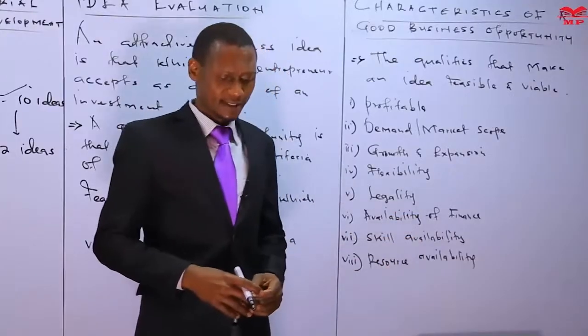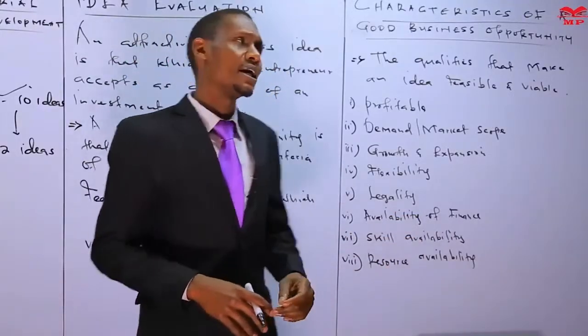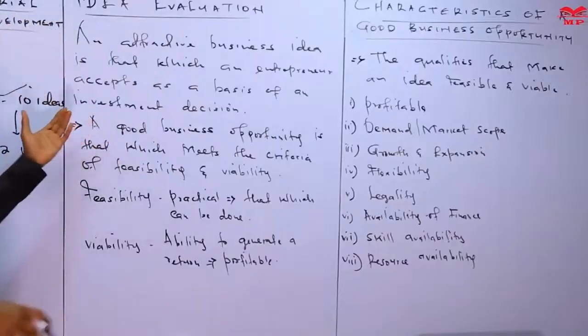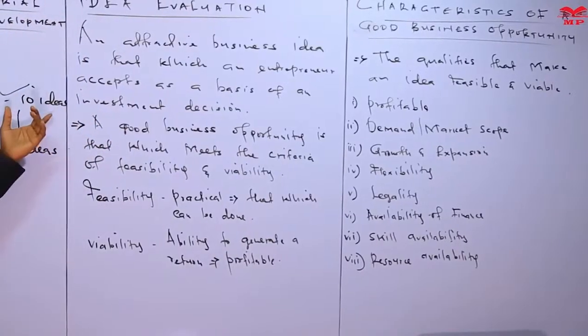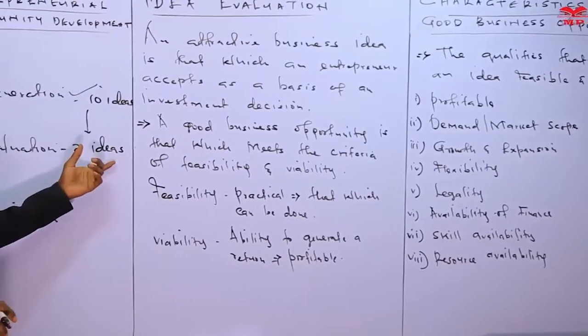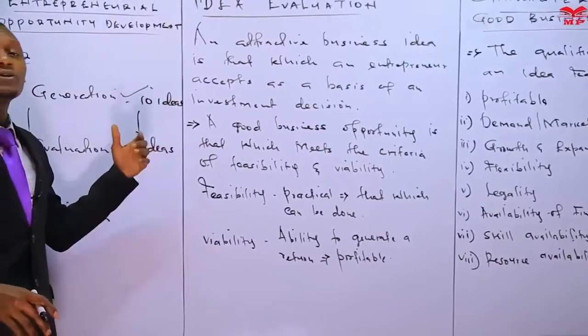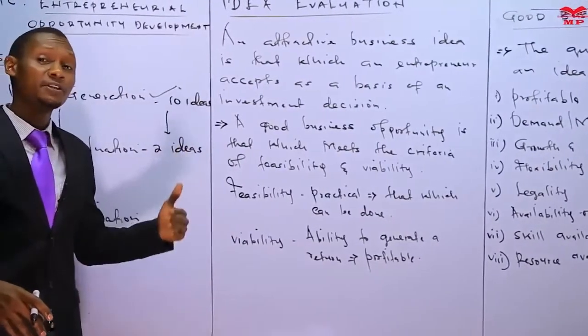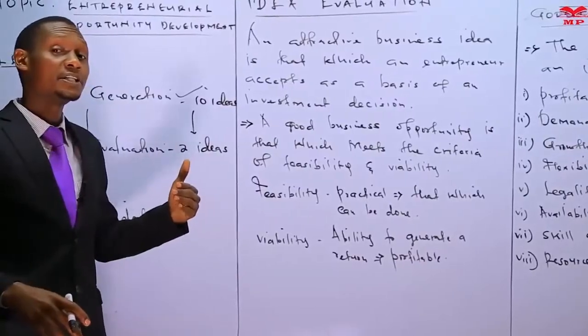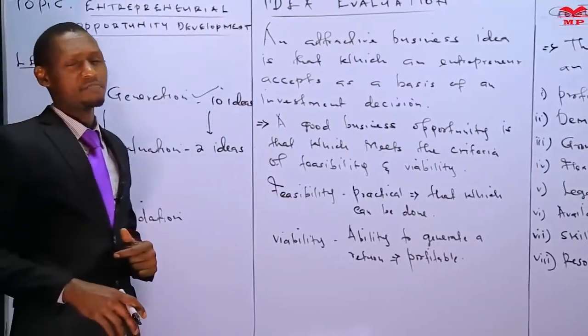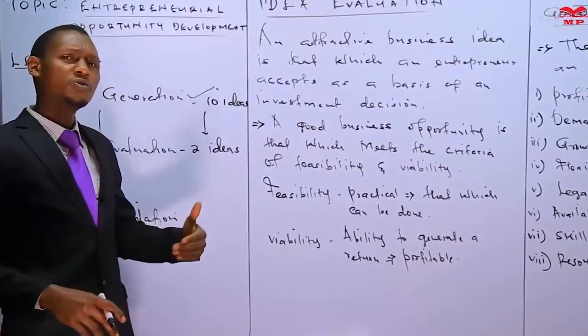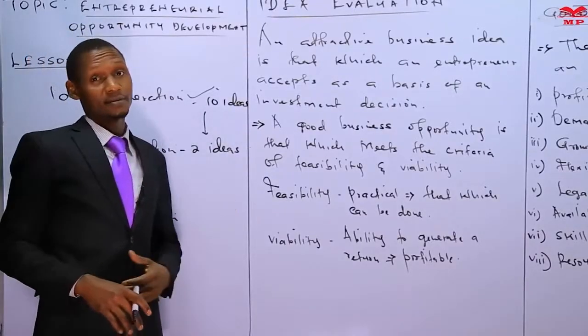Availability of finance. Remember I said out of these 10 ideas, they are all good ideas, but not to everyone. Some may require heavy capital investment that the entrepreneur cannot raise. Maybe such capital requirement may be raised by others.